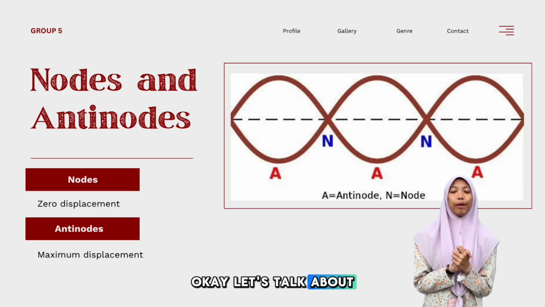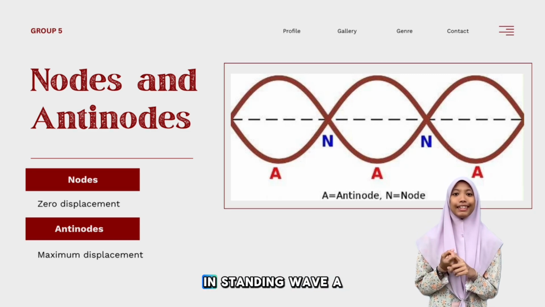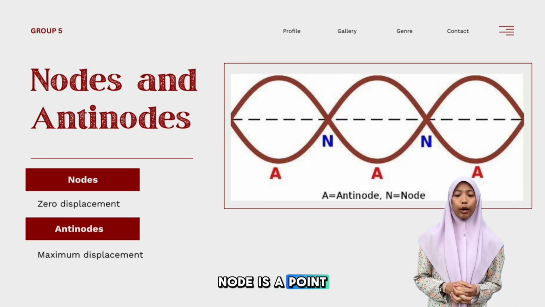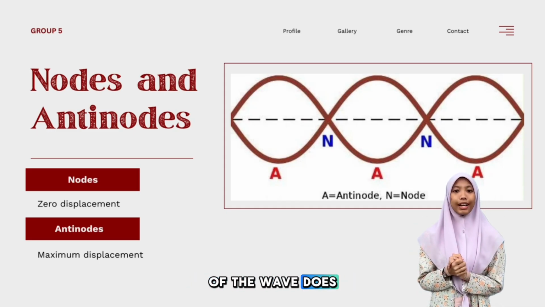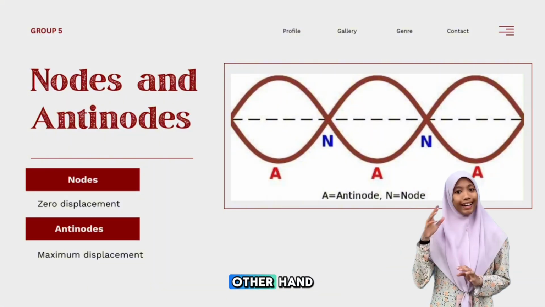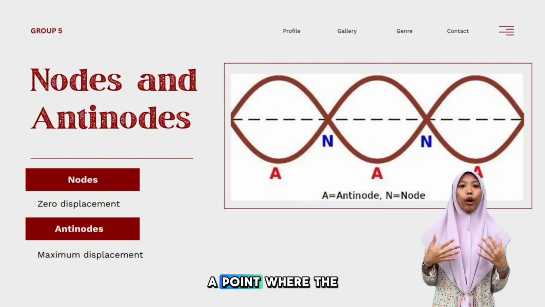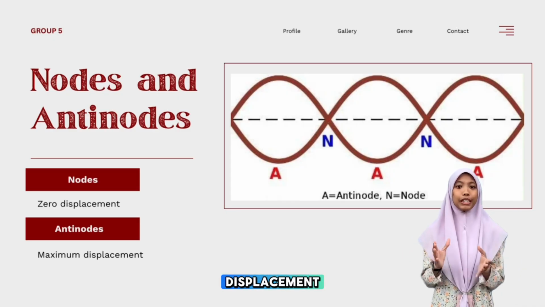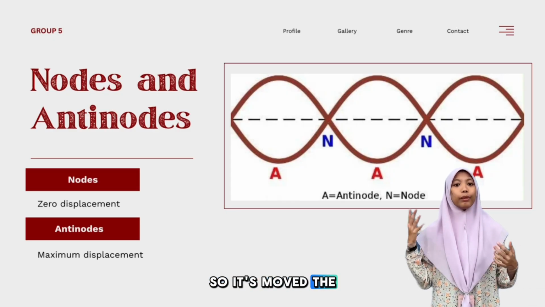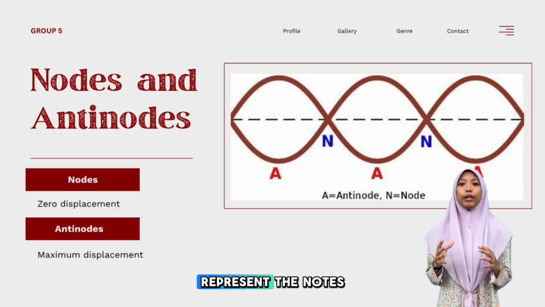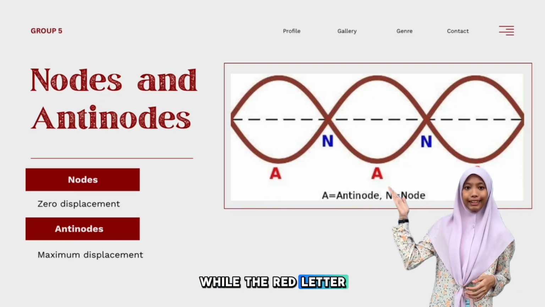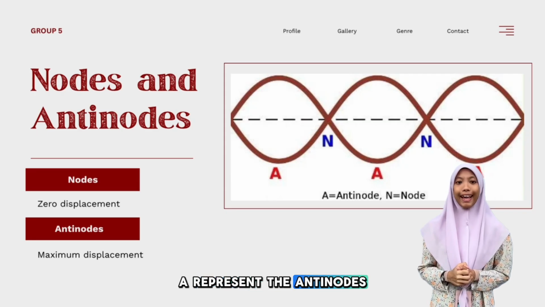Okay, let's talk about nodes and antinodes in standing waves. A node is a point where there is zero displacement, which means that part of the wave does not move at all. On the other hand, an antinode is a point where the wave has maximum displacement, so it moves the most. As you can see in the diagram, the blue letter N represents the nodes, while the red letter A represents the antinodes.